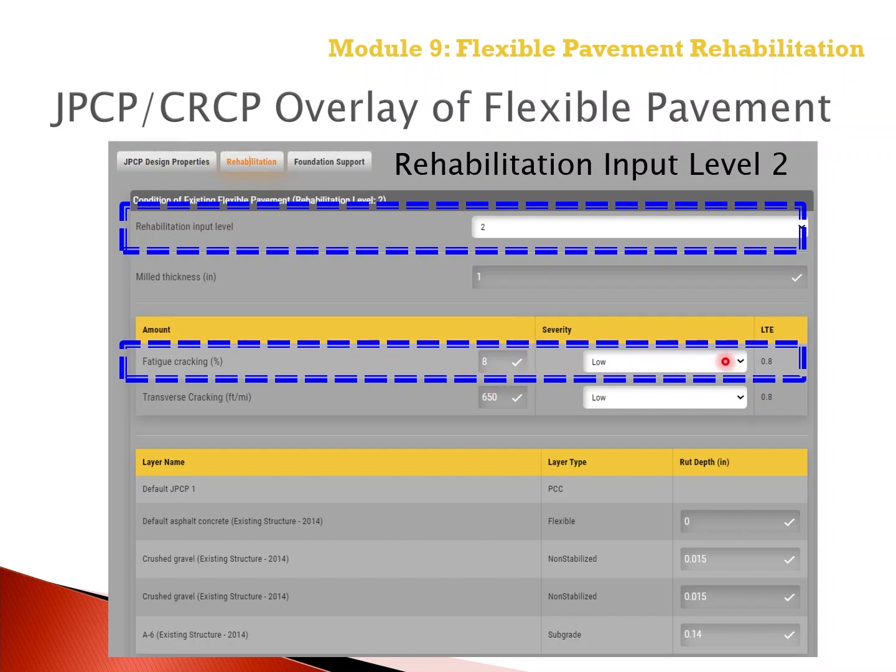Again, the severity level and the low transfer efficiency are not applied because that has to do with predicting reflection cracks. And as you remember earlier within this module, reflection cracks are not considered to be an issue in concrete overlays above flexible pavement, so they're not considered.